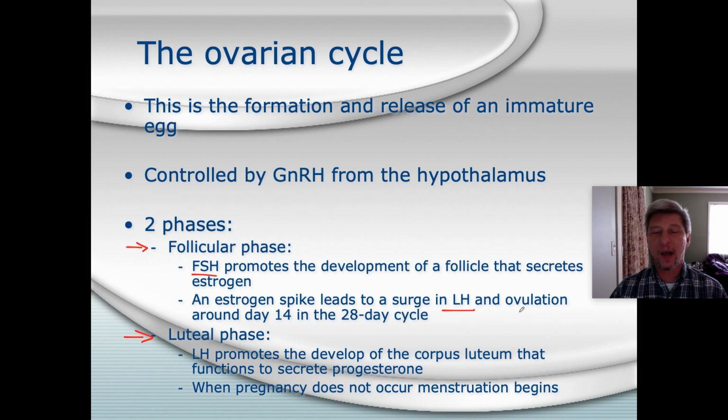And that leads to ovulation right about halfway through the ovarian cycle. After that, we enter the luteal phase, and the LH now promotes the development of the corpus luteum, that scar tissue, which then is secreting now progesterone. And progesterone has its own role that we'll talk about in a minute. Now, if pregnancy does not occur, then the cycle ends after 28 days and menstruation begins.